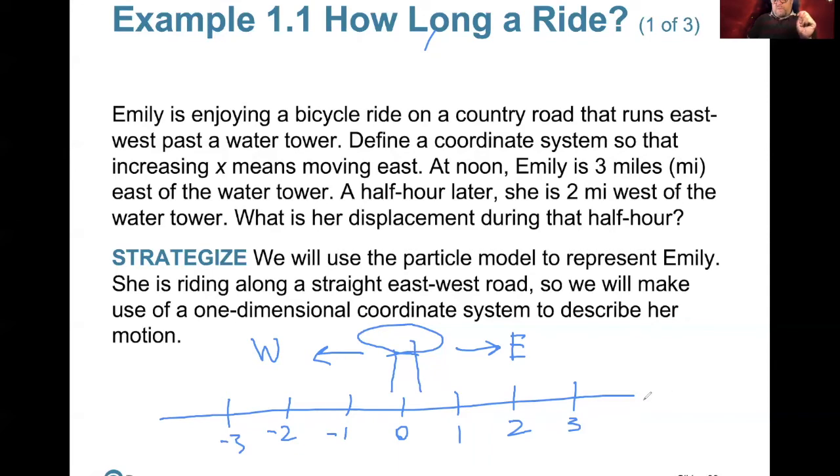So I'm going to put a symbol over here to represent that this is the x-axis, and we only need one coordinate for this problem. It's a one-dimensional problem. She goes from east to west, and our units are going to be in miles.